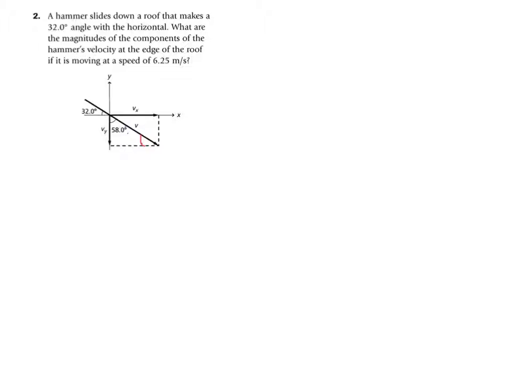So depending on how we want to approach this problem, or what angle to use, we know that the V sub I is equal to 6.25 meters per second, and again, depending on the triangle, it will depend upon which one you want to go with.